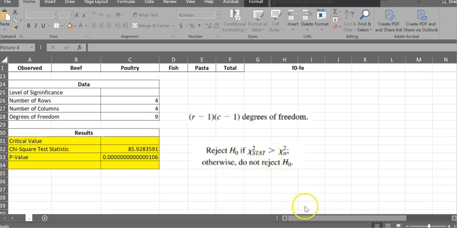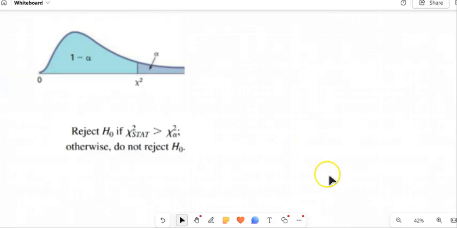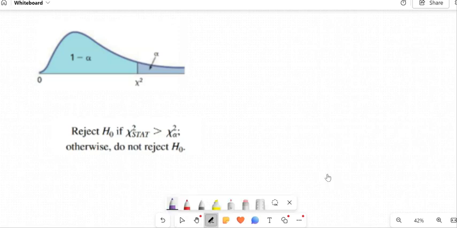Let's go to the whiteboard and try to put everything together. So for this question in particular, we have the alpha equals 0.01. All right, so the statement that we got for accept and reject in your book is this statement over here, right?